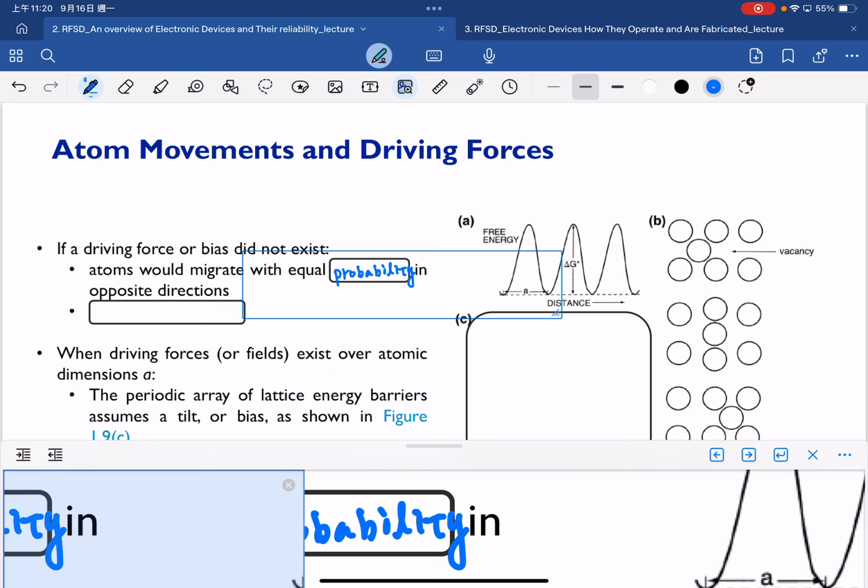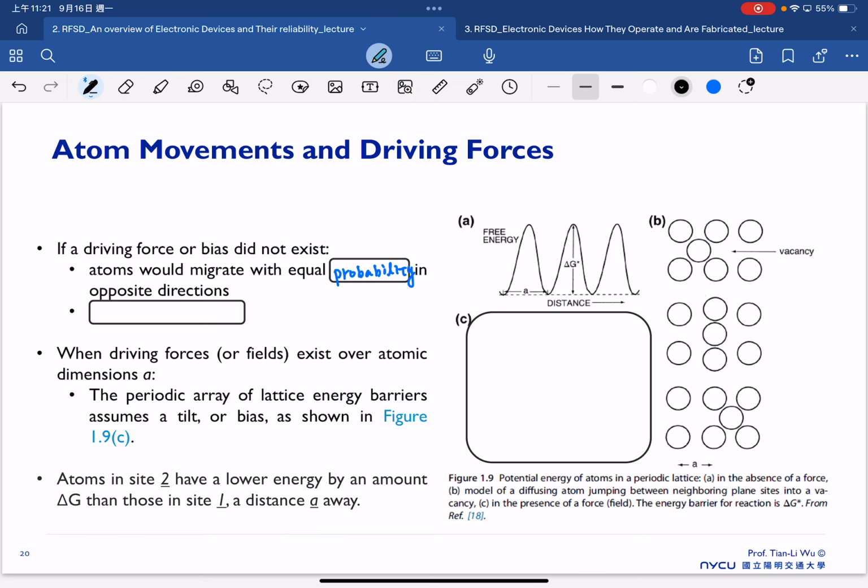So that means if we assume there are atoms here, but we don't give the bias, then this atom will migrate to the left and to the right with equal probability. So in this case, we can consider there's no net displacement for this photon.